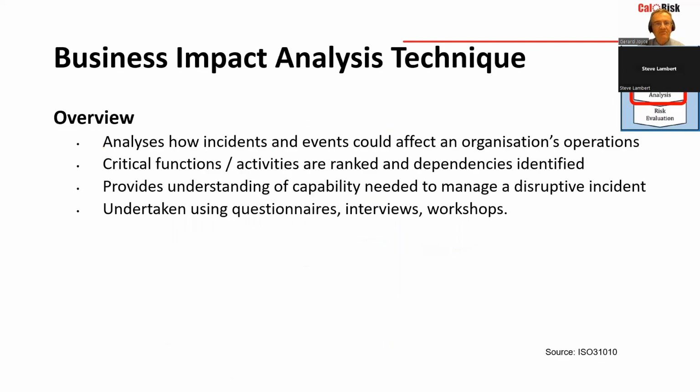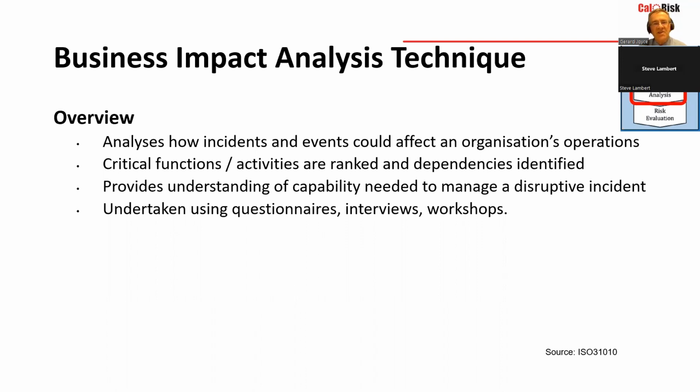Okay. I want to talk about business impact analysis technique. This is a well-known technique, and it's really to understand, well, if we take a service disruption, how could this affect the organization's operations? What if the systems were down? What functions, what processes are affected?